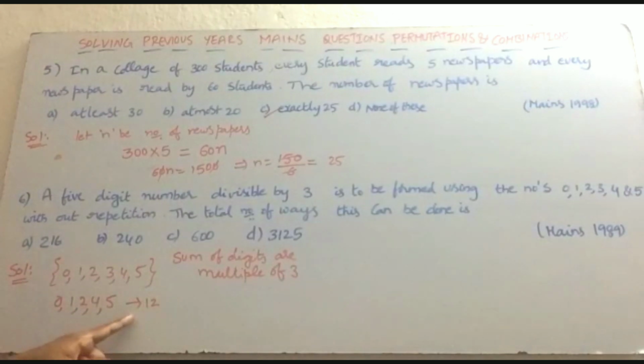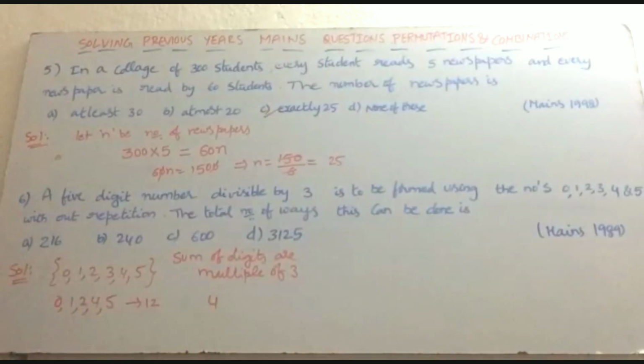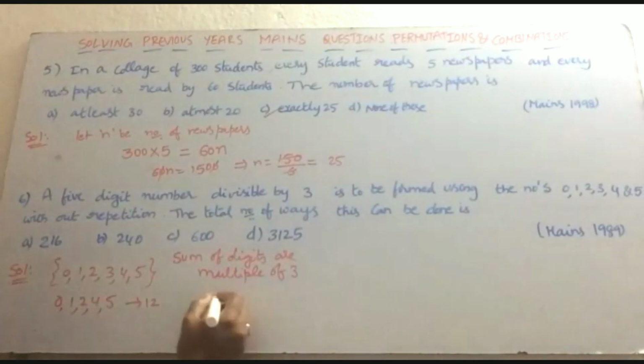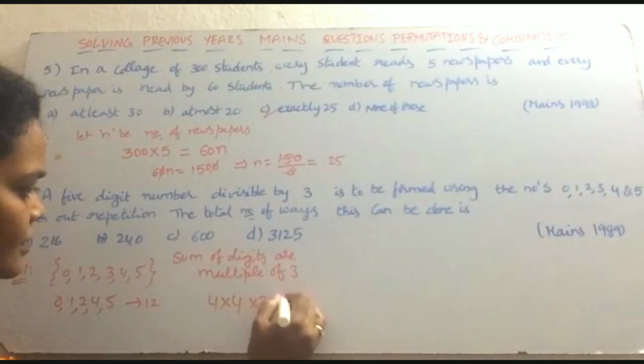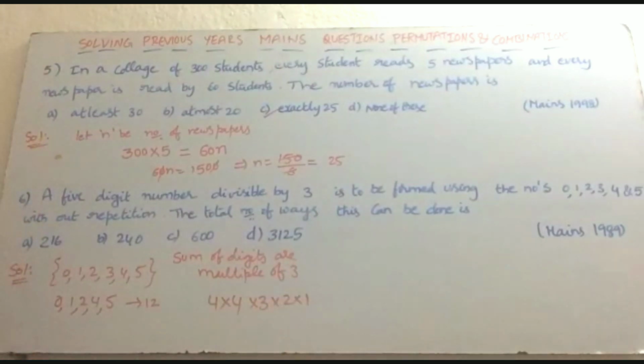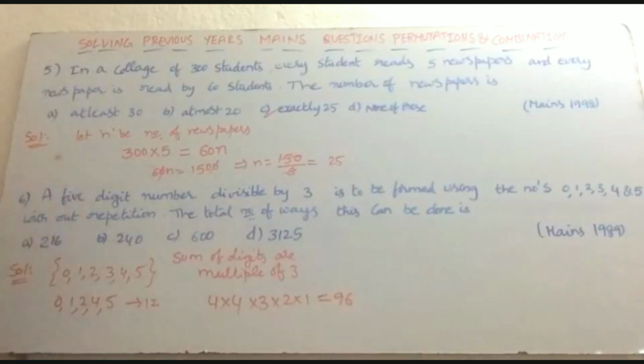In how many ways can we write these 5 digits? First place, 0 is not allowed, so 4 ways. Next also 4 ways, and the remaining 3 ways, 2 ways, and 1. That is 16, 16 times 6, 96.